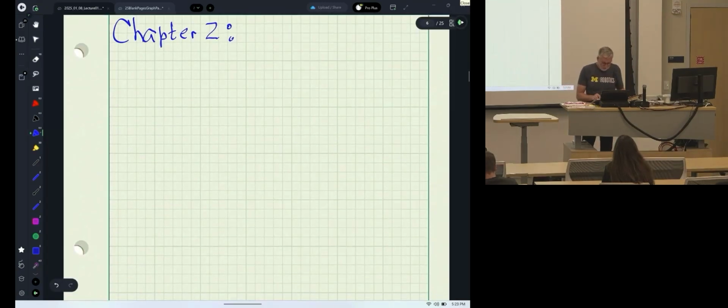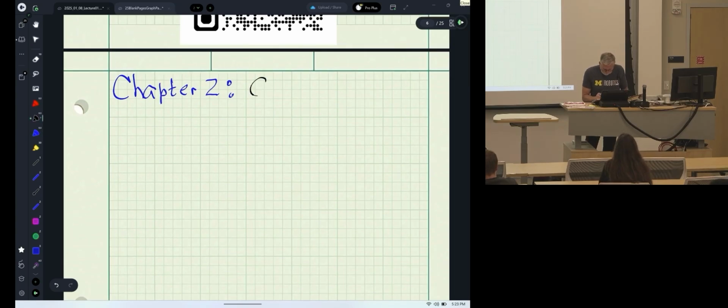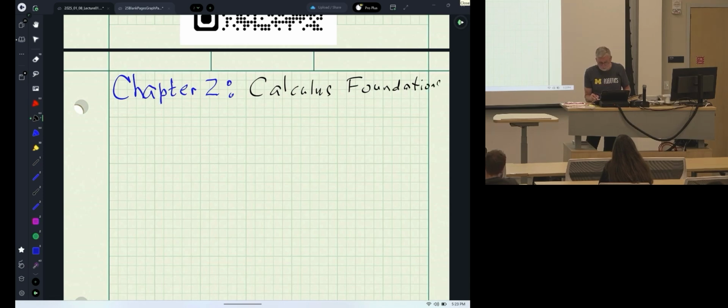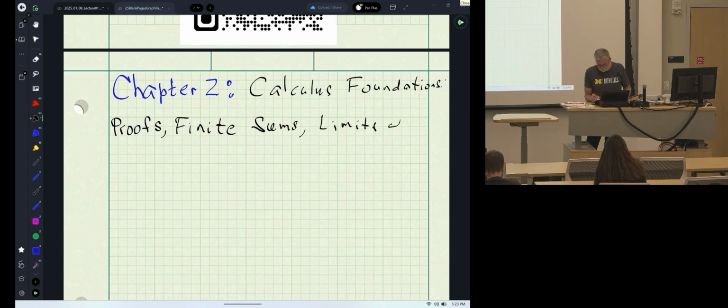So chapter 2. Max and Kaylee, if I keep talking too much, tell me to focus on what we're doing here. So, calculus foundations: proofs, finite sums, limits at infinity, and geometric sums.